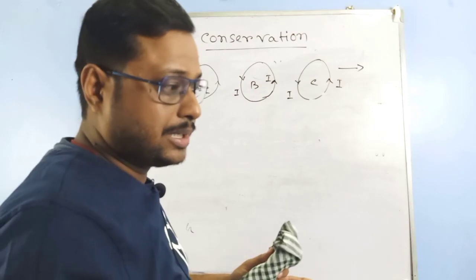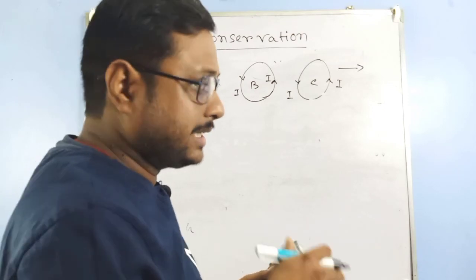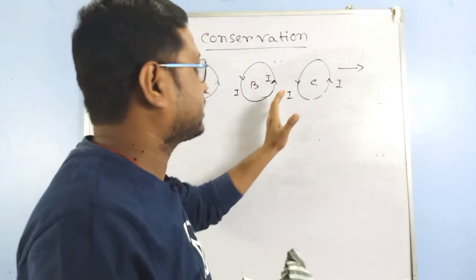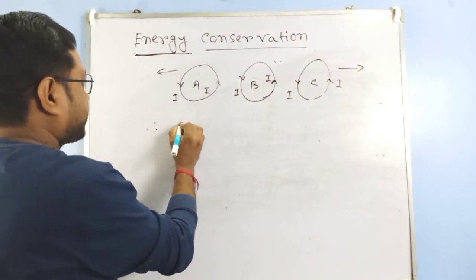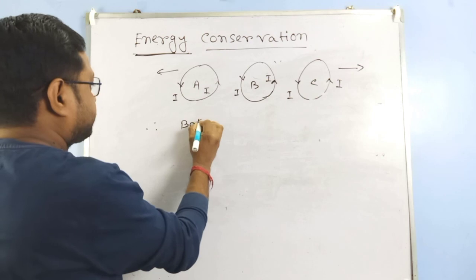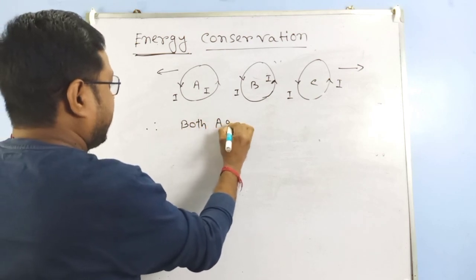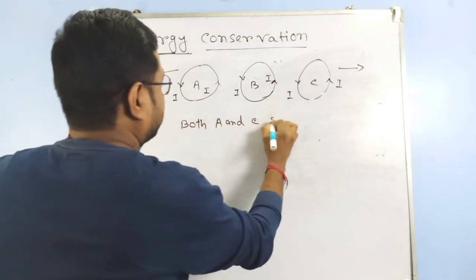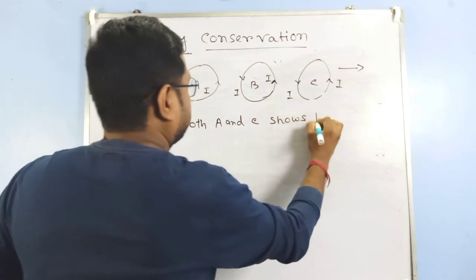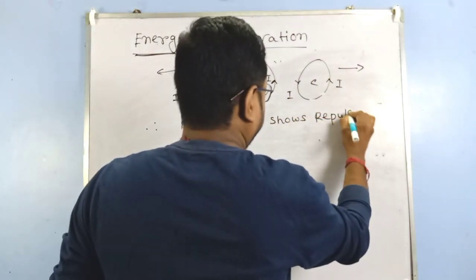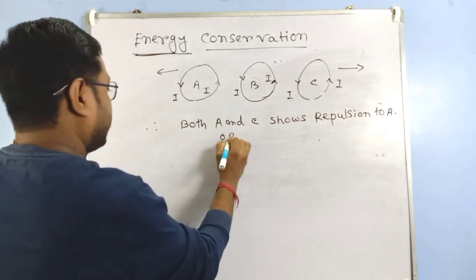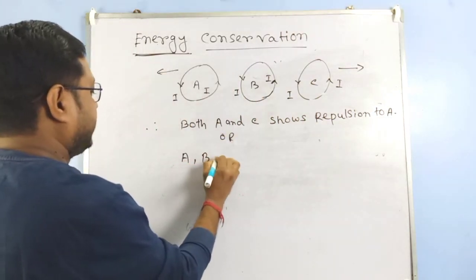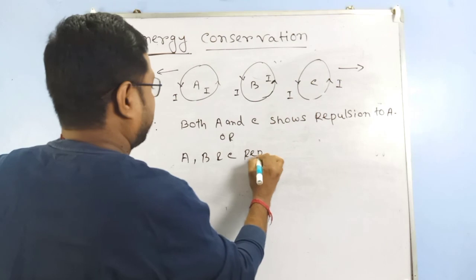But Lenz law states that the tendency is to decrease the flux, so they will move away from B. So the answer is both A and C show repulsion, or A, B and C repel each other.